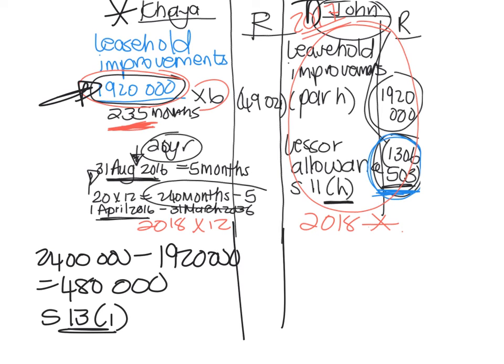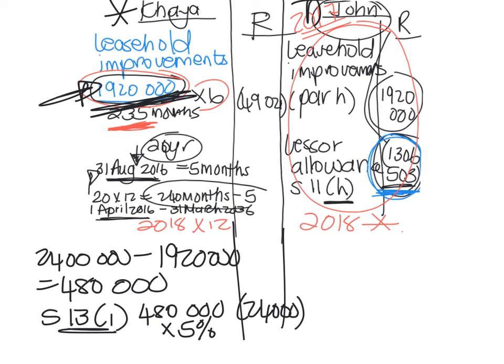Now 13.1 is calculated as the 480,000 Rand because remember we've already accounted for the 1.92 million in terms of Section 11G, and we will multiply that by the amount of the Section 13.1 allowance, which is 5%. And remember, we never apportion our Section 13.1 allowance, so that's going to give me 24,000 Rand.